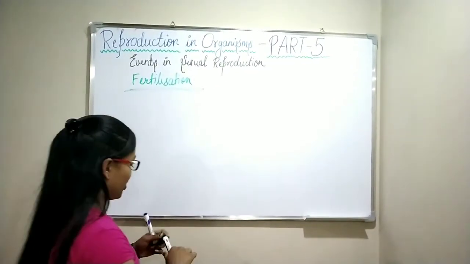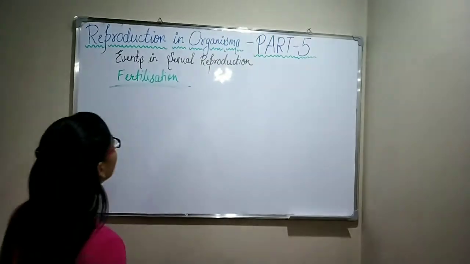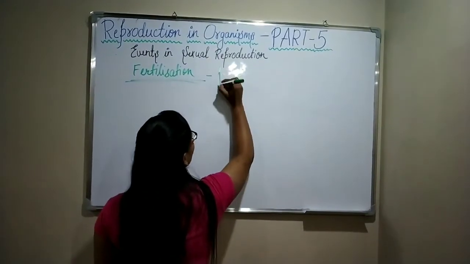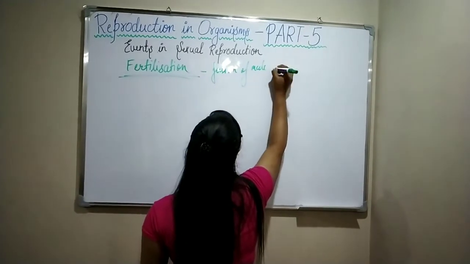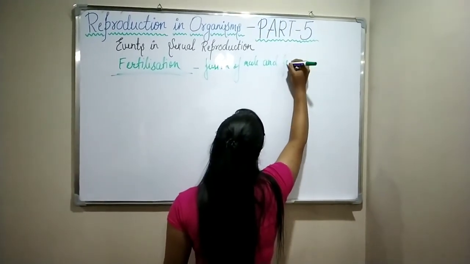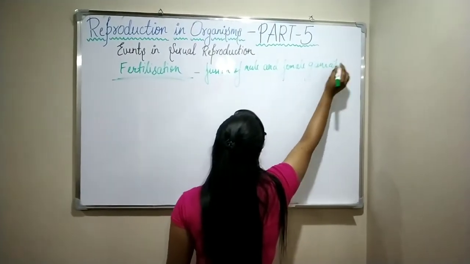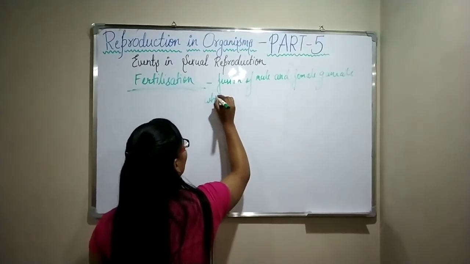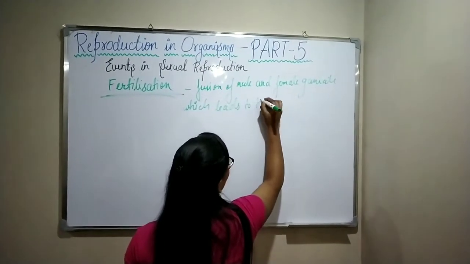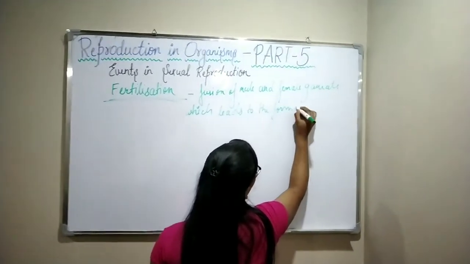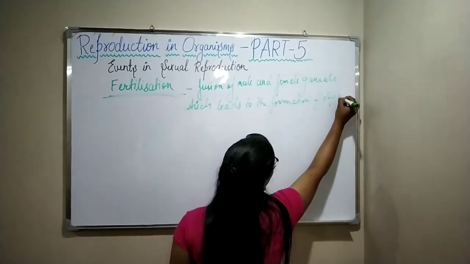So fertilization, as I told in the last video also, I am repeating, it is the fusion of male and female gamete which leads to the formation of diploid zygote.